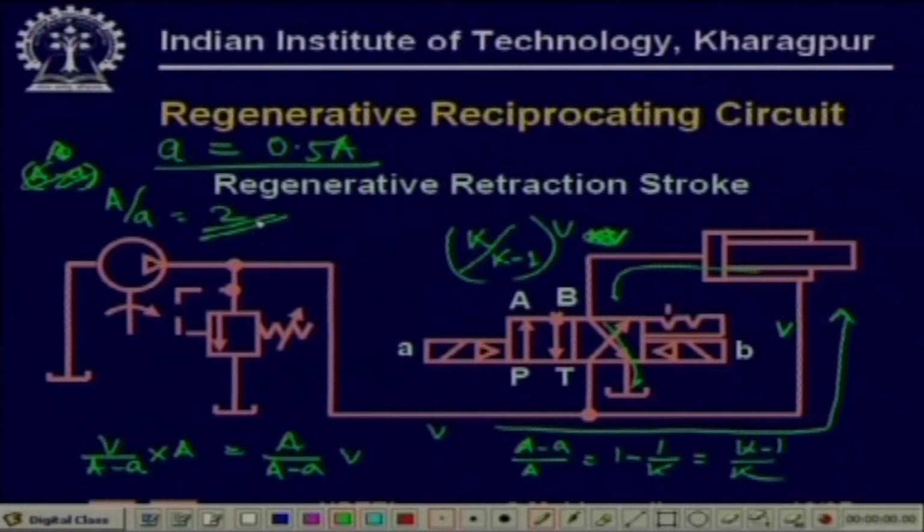Then you can see that, for example, with the same pump flow rate V, the distance travelled per unit time is going to be, if this is V, the flow into this is going to be V.